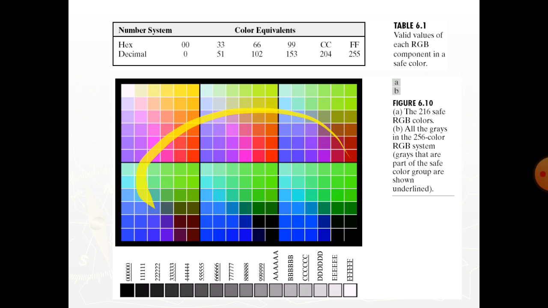This figure shows the 216 safe colors organized in descending RGB values. The square in the top left array has the value FFFFFF, which means white. The second square to the right has the value FFFFCC.